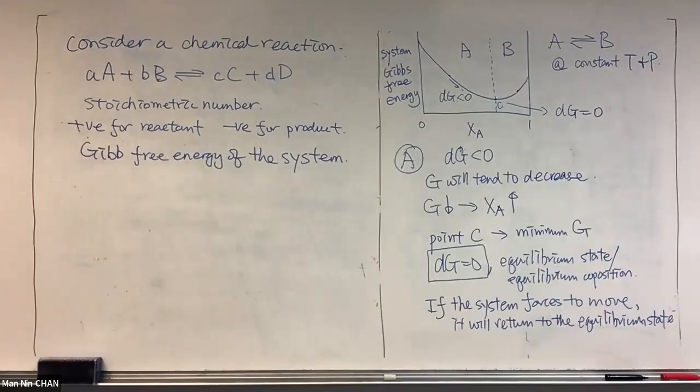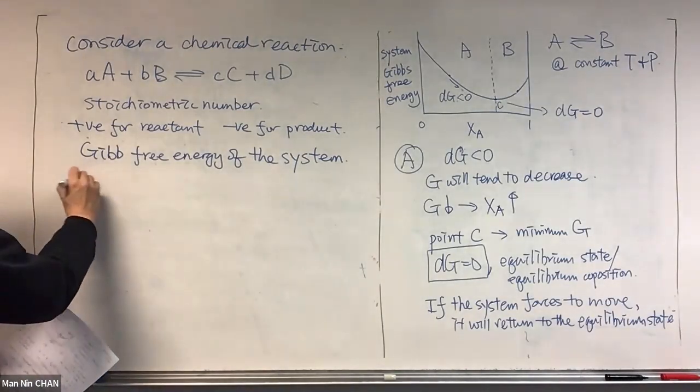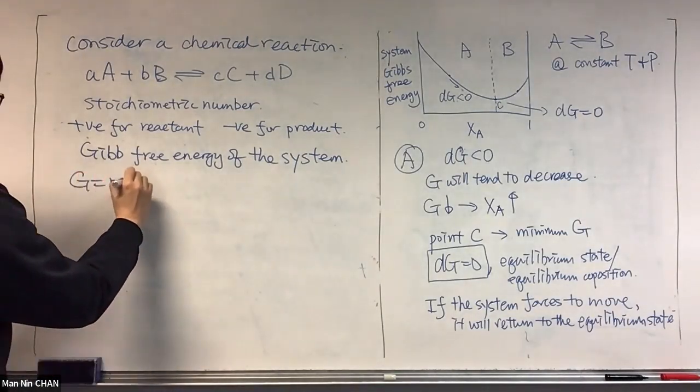So again, for the Gibbs energy of the system, we have 4 species here, and you can write down the Gibbs energy of the system.